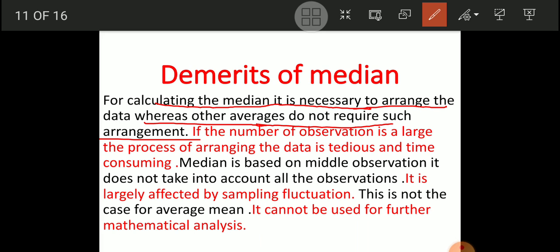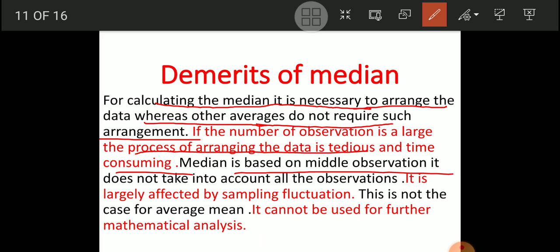In the calculation of the median, we have to arrange the data either in ascending or descending order, but such things are not required in the case of other measures of central tendency, that is, the mean and mode. If the number of observations is large, the process of arranging data is tedious and time consuming.